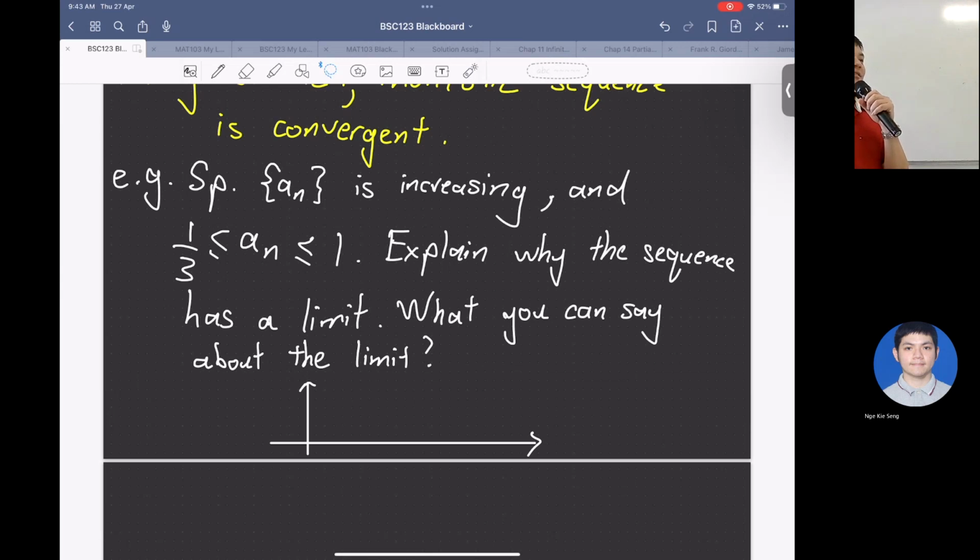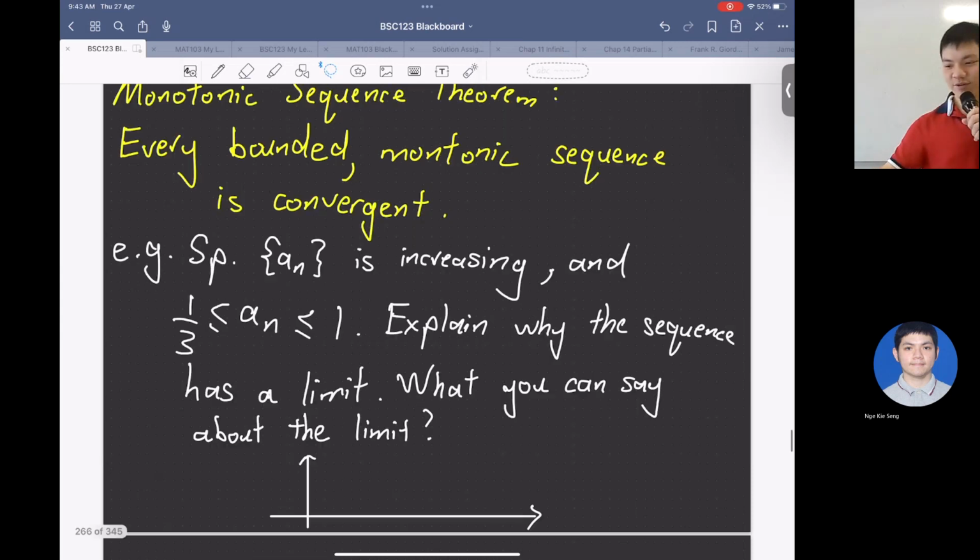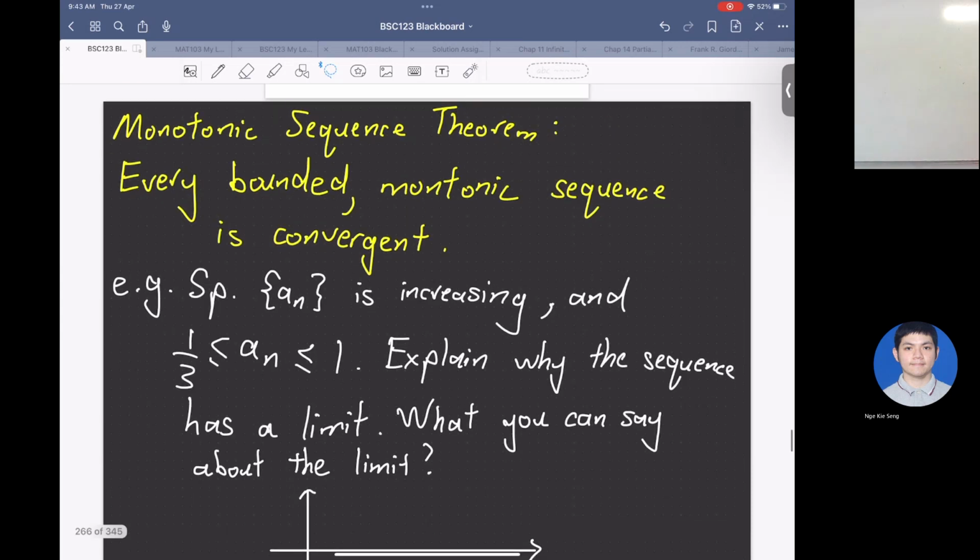It is what? Monotonic. Okay. So since it is monotonic and bounded, it satisfies the theorem. Okay, so the theorem says it is convergent.